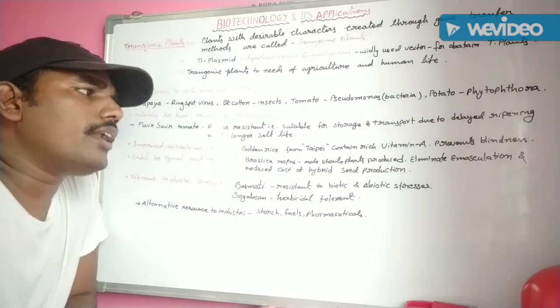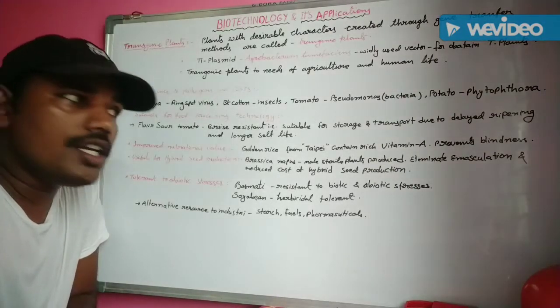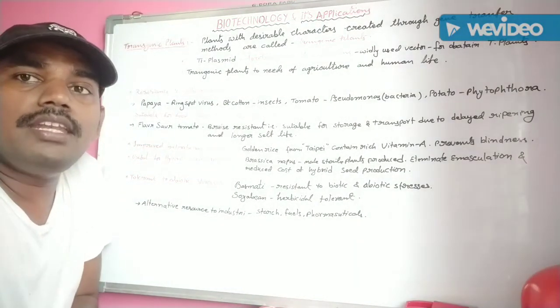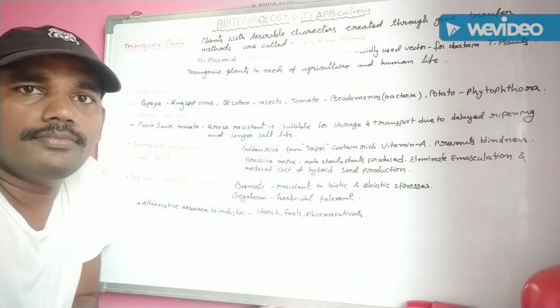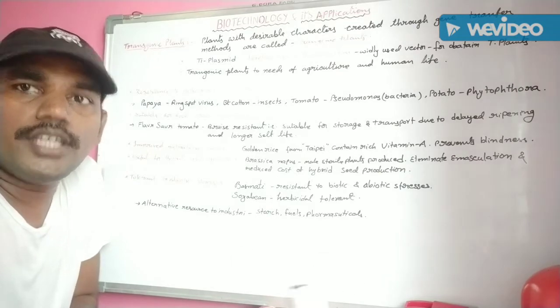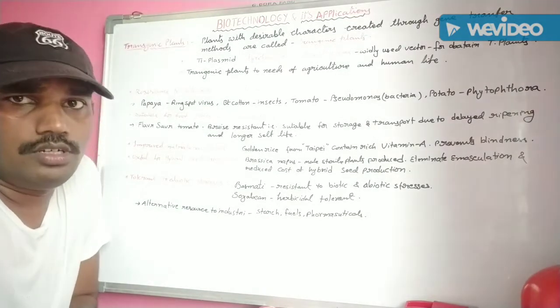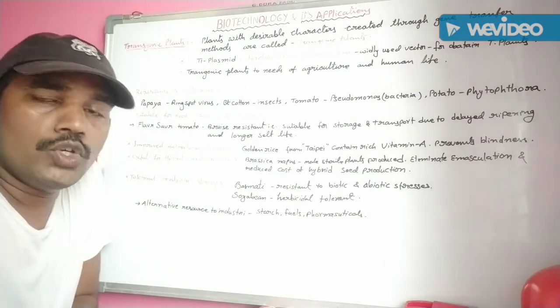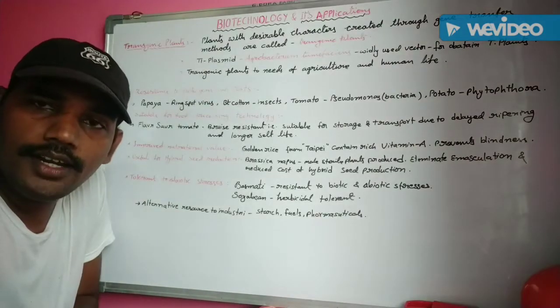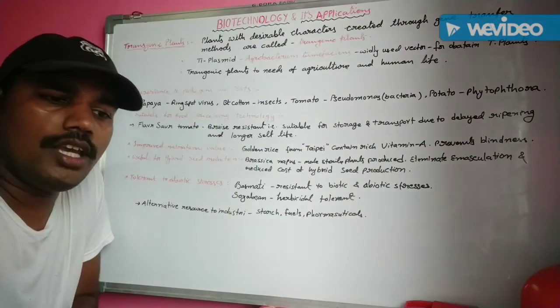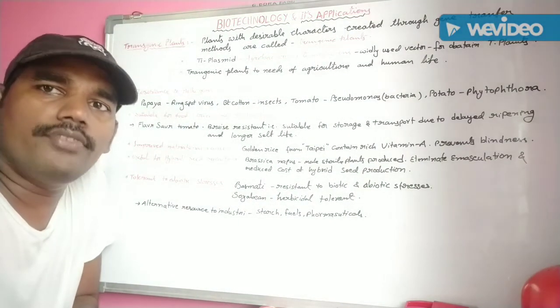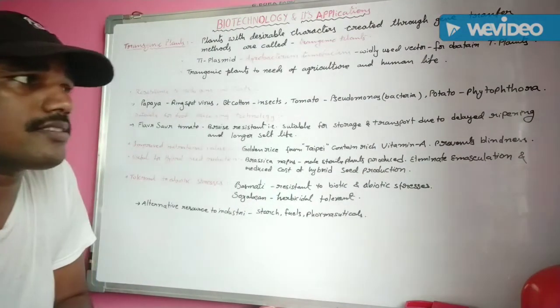Okay, this golden rice contains rich vitamin A. This vitamin A is utilized for curing xerophthalmia. Vitamin A is helpful against xerophthalmia, which means blindness.